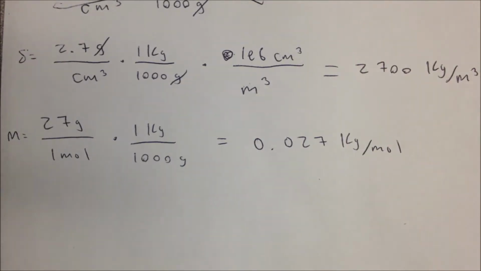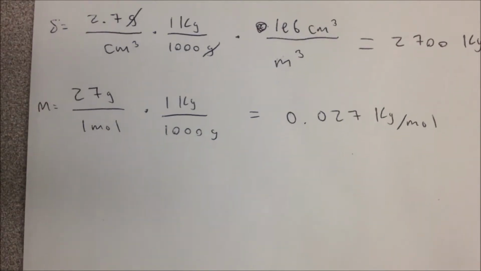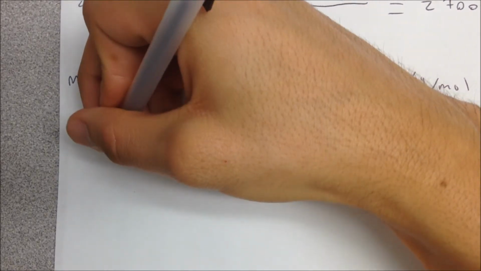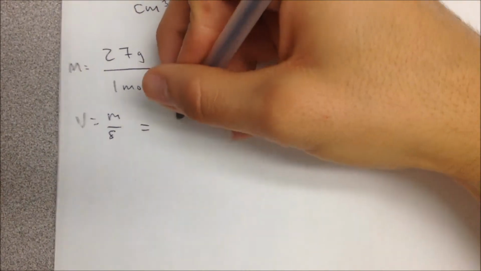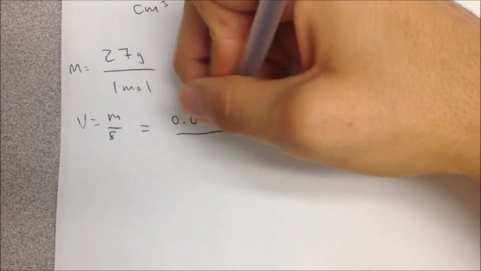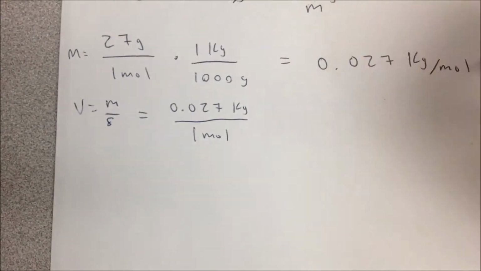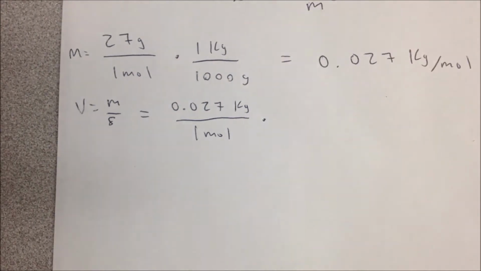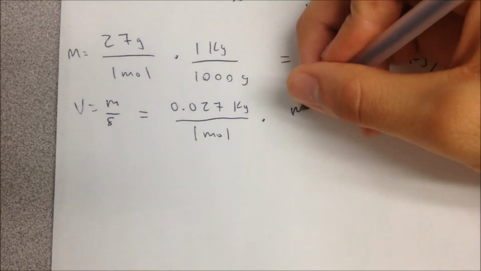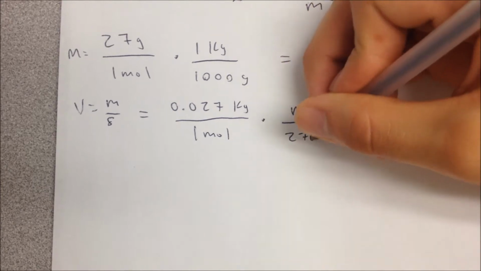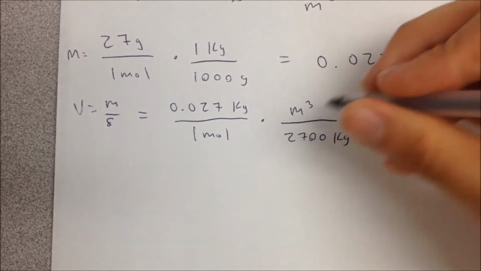Now, since we have the density and the mass, we can find the volume, which is mass over density. So volume equals mass over density, which would be 0.027 kilograms per 1 mole, multiplied by the reciprocal of the density, 1 meter cubed over 2,700 kilograms.